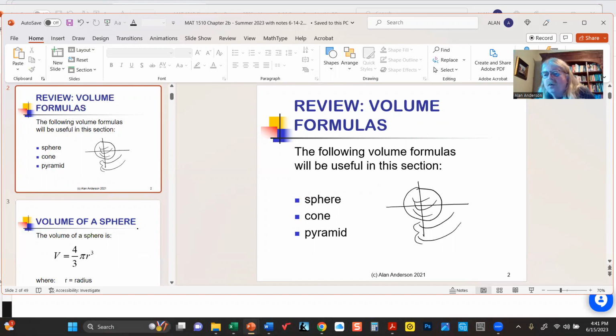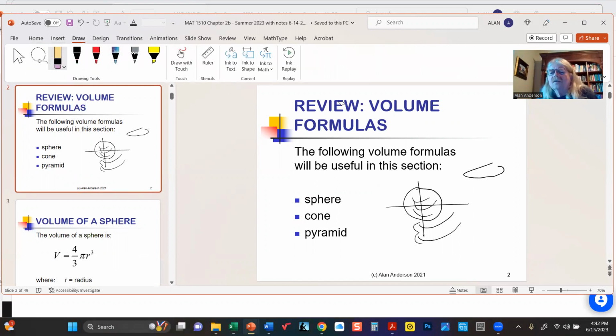Then we can have a cone. There are different kinds of cones. The kind we're looking for here would be something like this. All right, well, that's not perfect, but you get the idea.